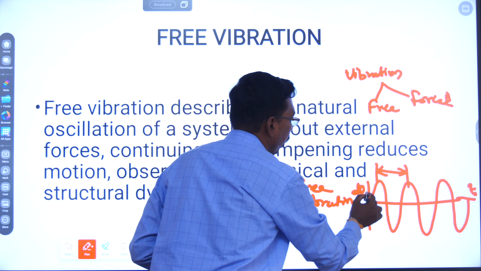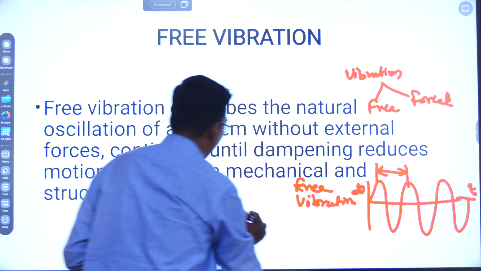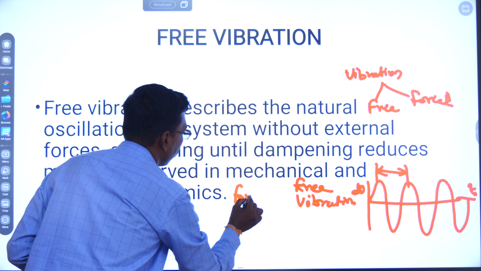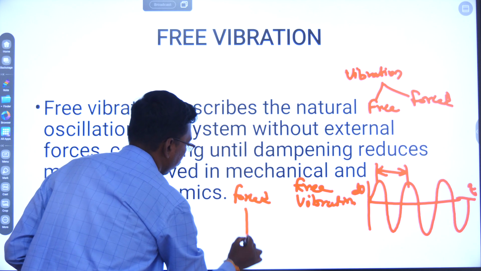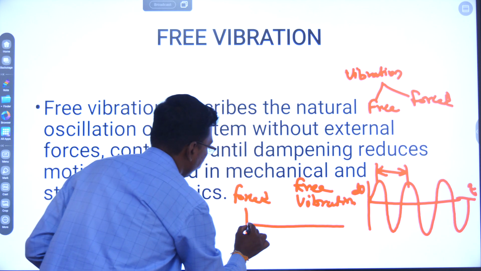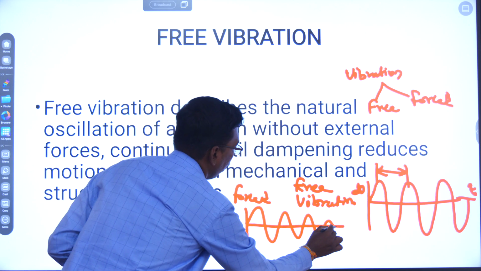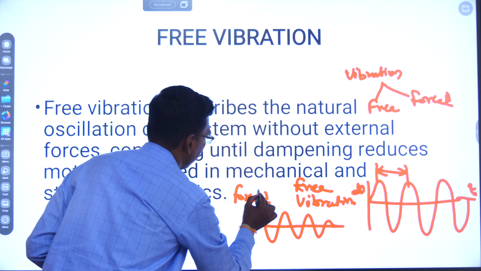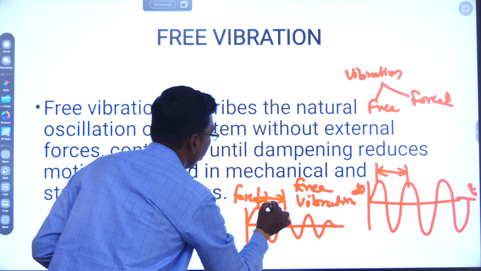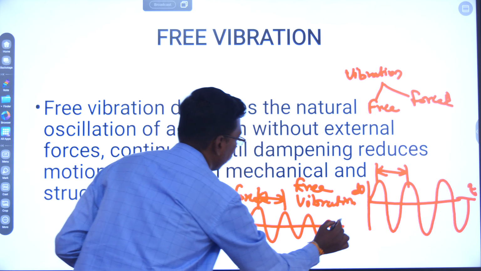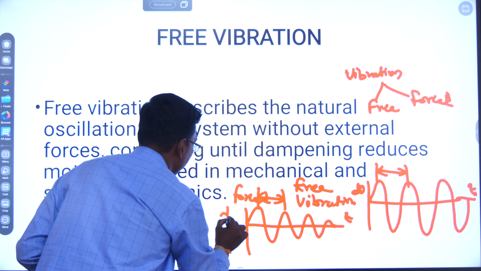But the free vibration curve always looks like this. But we have to take it as a forced vibration. It will end in this direction. So this is what? Forced vibration. This is nothing but a free vibration. The same time period is also here, distance.